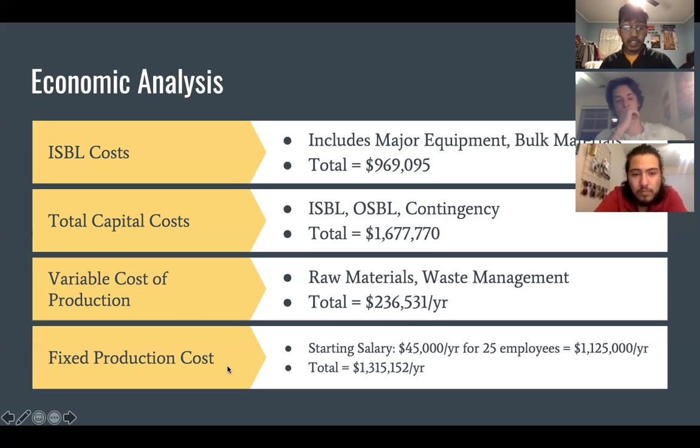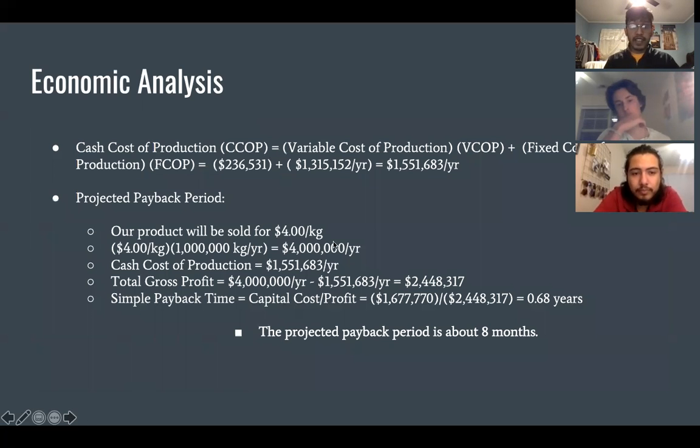The fixed production cost is where we take into account the wages for our employees, and we add to that the utilities, the taxes, the corporate charges, the labor costs, and that comes out to just over $1.3 million per year. The cash cost of production is found by summing the variable cost of production and the fixed cost of production. Our CCOP is $1.5 million per year.